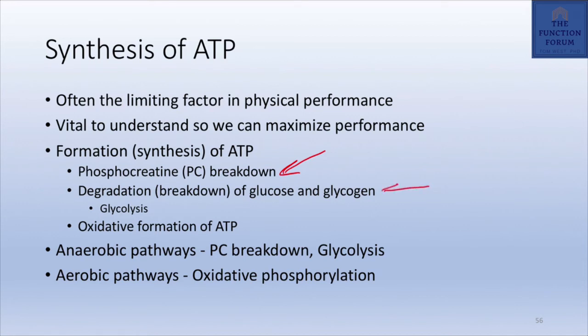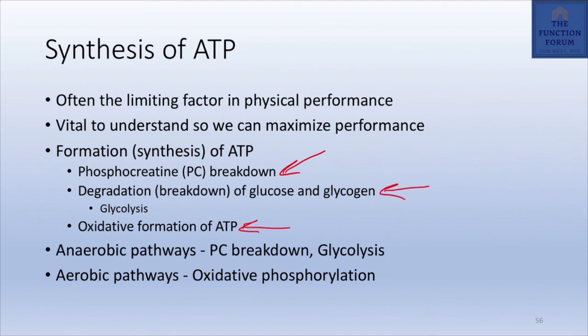In our anaerobic glycolysis system, we can break down glucose and glycogen, forms of carbohydrate found in skeletal muscle, but also found in the bloodstream and stored in the liver as well. We can use that to fuel the formation of more ATP. And then finally, we can also use glucose, glycogen, lipids, proteins in the presence of oxygen to form more ATP.